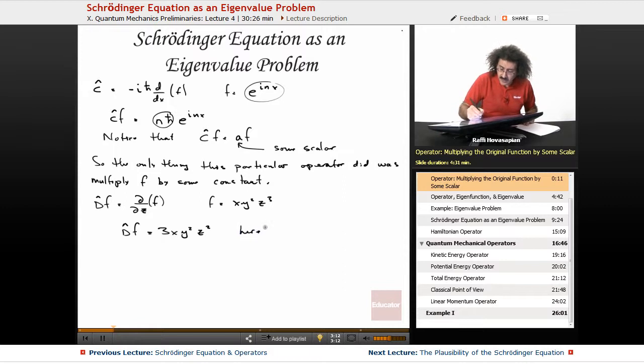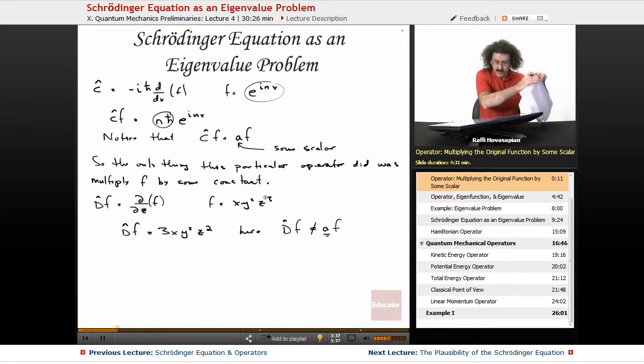So here, operating on f didn't just multiply it by some scalar factor. The D of f was 3x y squared z squared. The original function was x y squared z cubed. So in this case, it didn't do that.